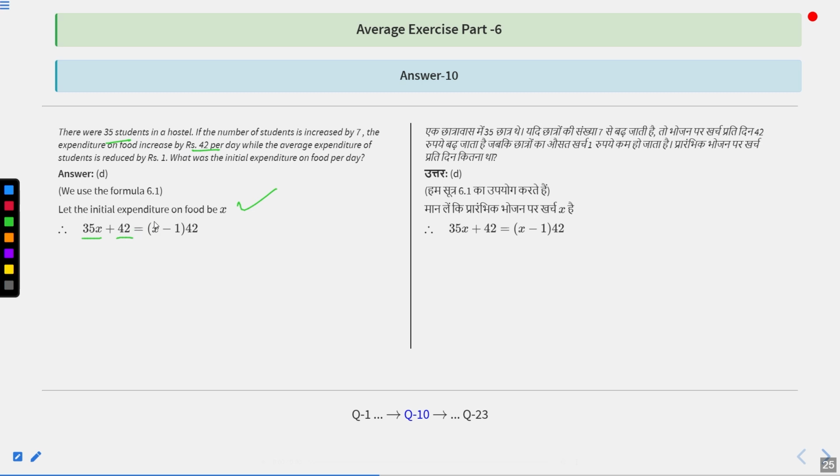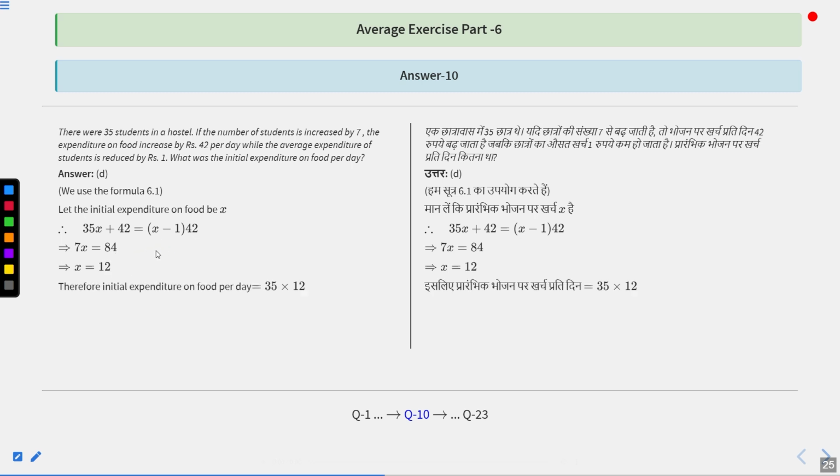The question says that the average per day will decrease by 1 and the total number of students will become 35 plus 7, which is 42. When we compare it, we get the value of X, which is 12. Clear? So the initial expenditure on food per day will become 35 into 12, which is 420 rupees. This is the correct answer. Next one.